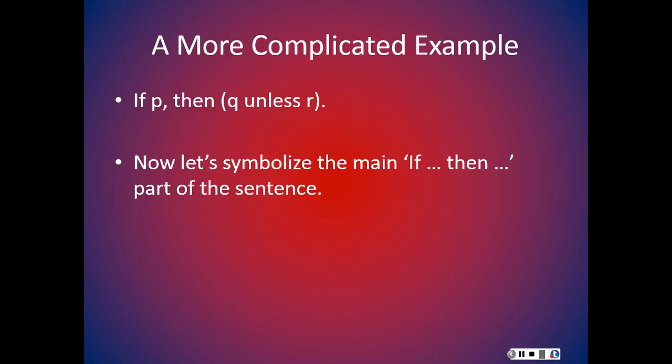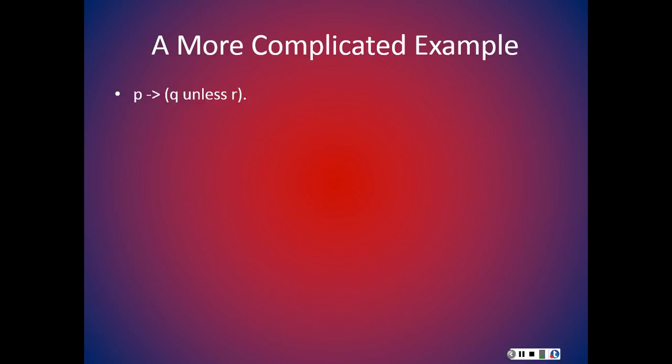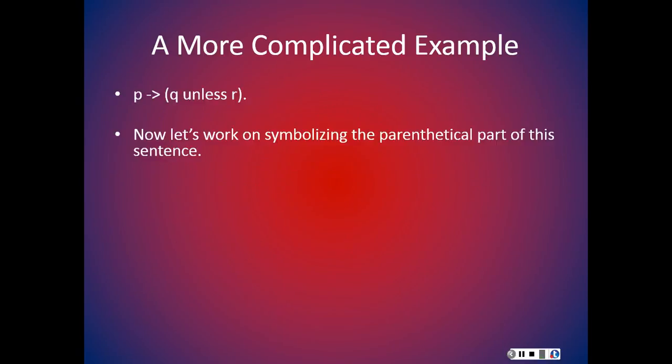Okay, so now let's go ahead and symbolize the main if-then part of the sentence. So that gives us P arrow Q unless R. And now let's work on symbolizing the parenthetical part of this sentence.